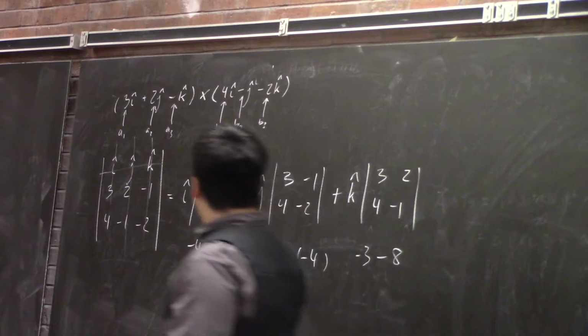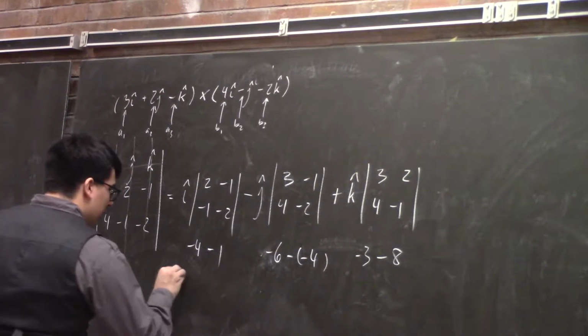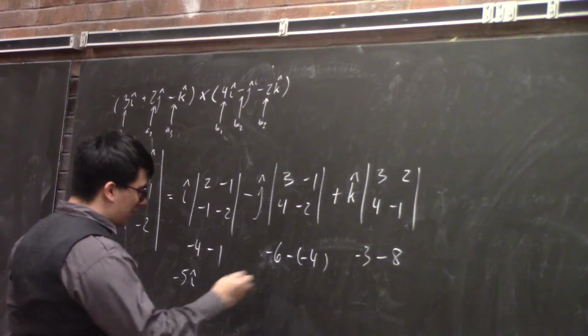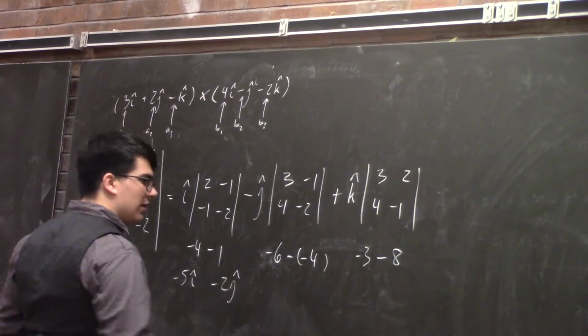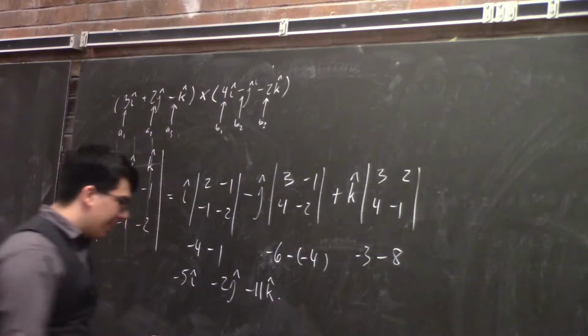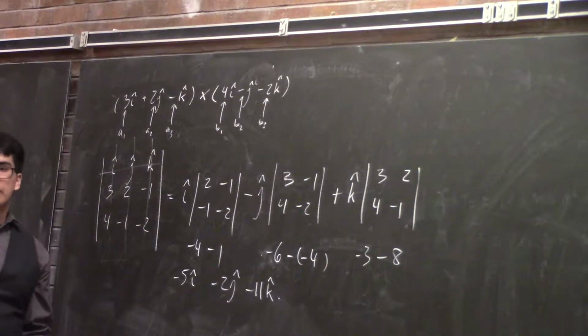Now, this is just the final coefficient: minus 4 minus 1, minus 5i, minus 6 plus 4, minus 2j, minus 3 minus 8, minus 11k. And this is the cross product.